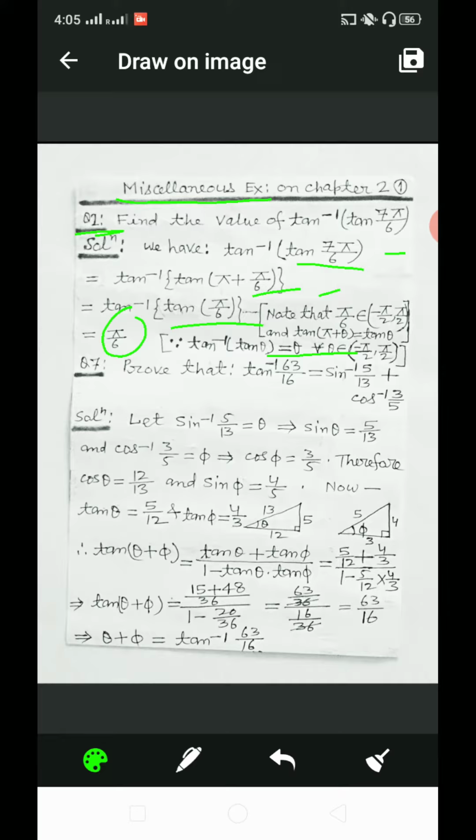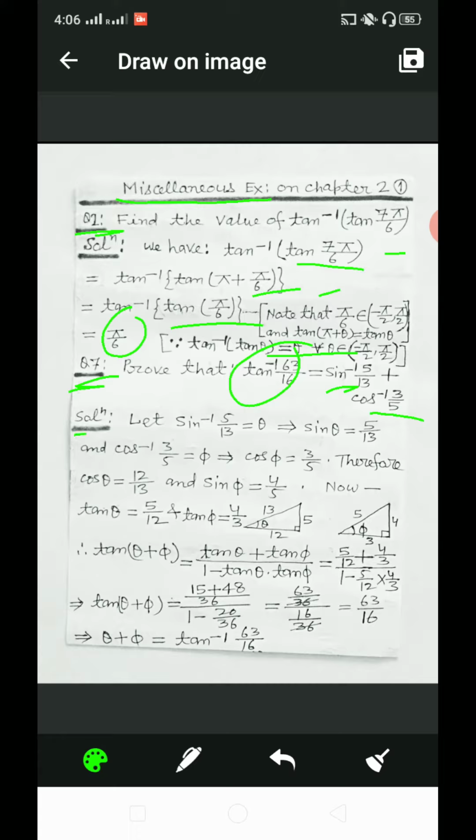Now we discuss question number 7. Prove that tan inverse 63 by 16 is equal to sin inverse 5 by 13 plus cos inverse 3 by 5.